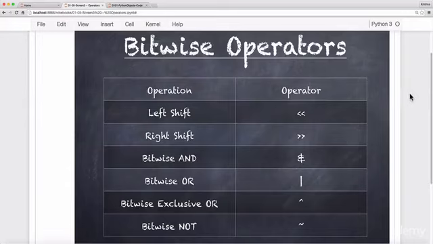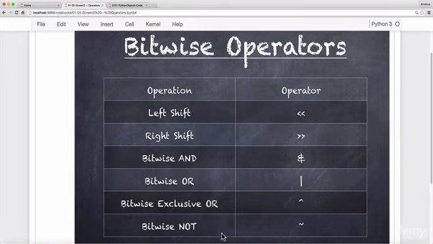Hi, welcome back. In this lecture, we'll look into bitwise operators, and here are the Python bitwise operators. The left shift with two left angular brackets, and right shift with two right angular brackets, and these are bitwise and, bitwise or operator, and this is a bitwise exclusive or operator.